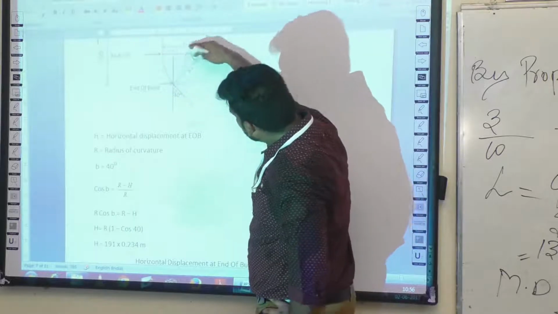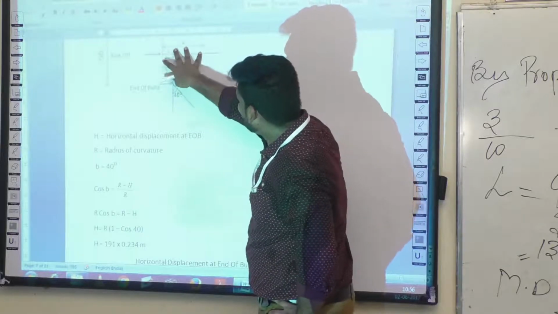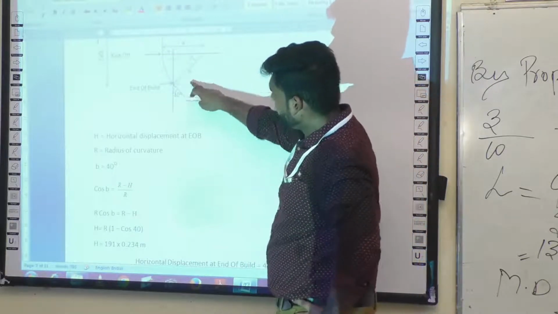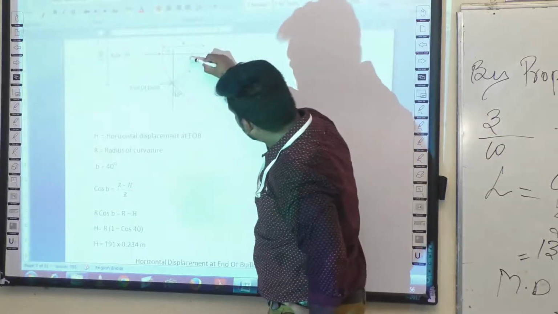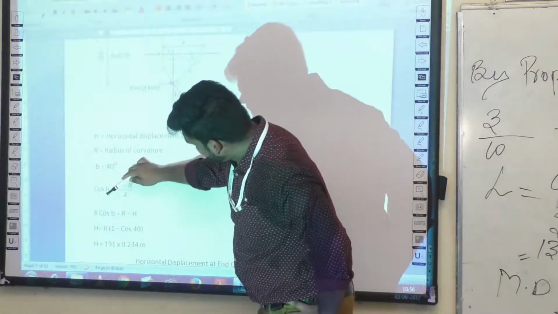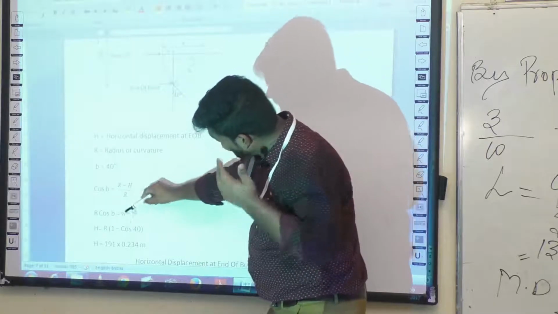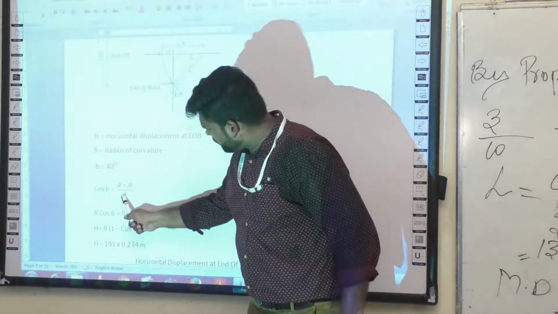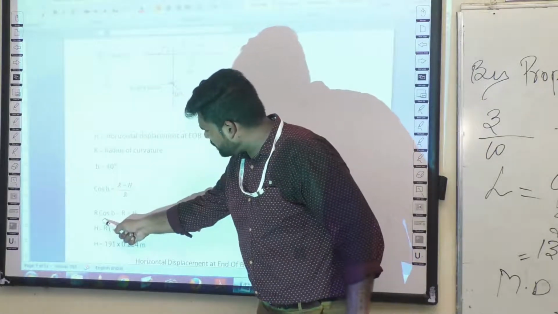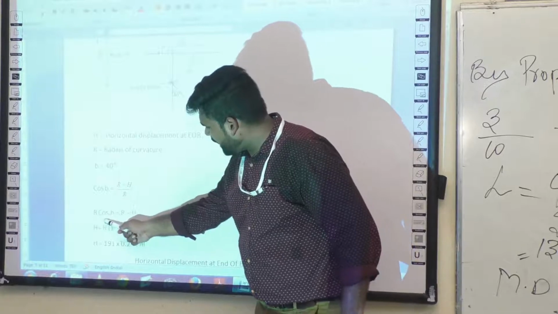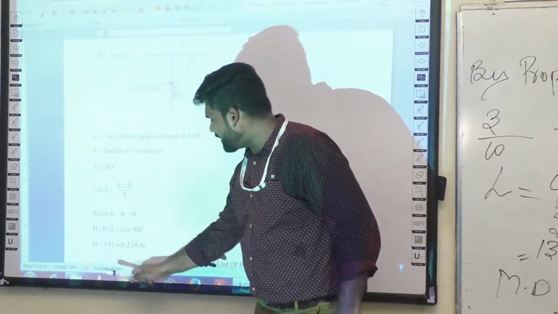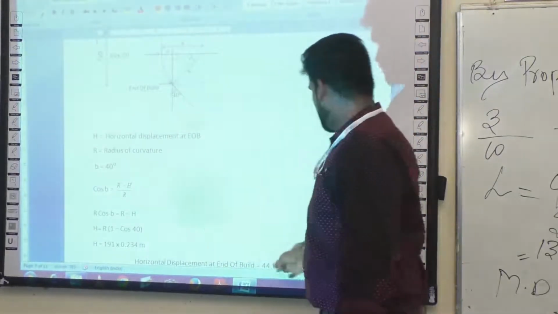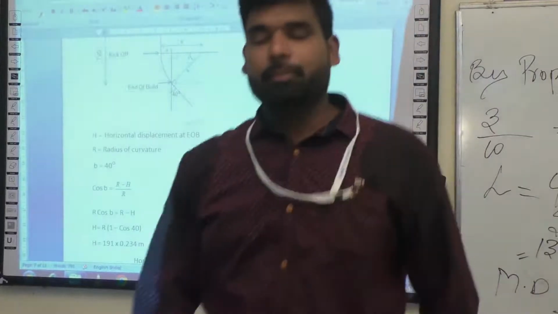I want only this area, so it will be R minus H divided by R. If you know this B and you also know this R, you can find this H. So R cos B is equal to R minus H, and you know this R. With that, you can find your horizontal displacement at the end of it. You can find this H, which is 44.69 meters.